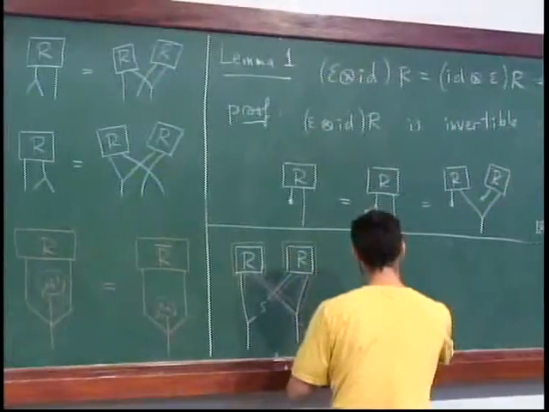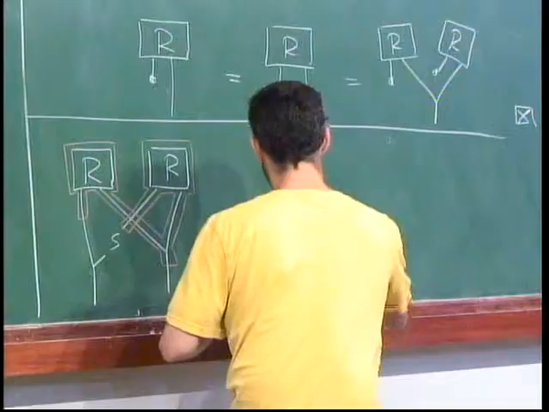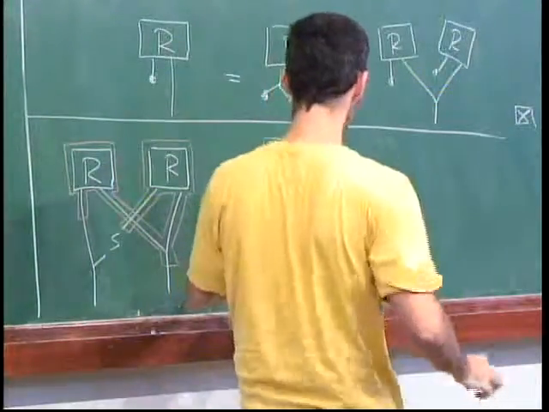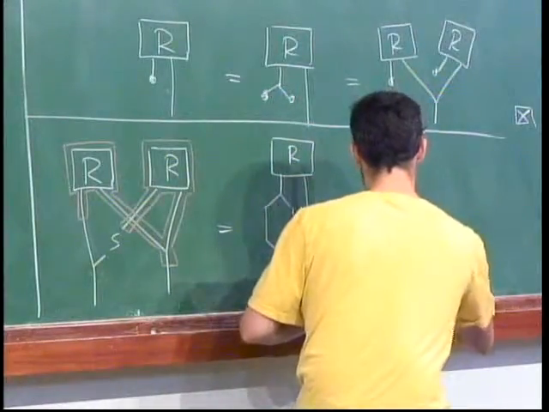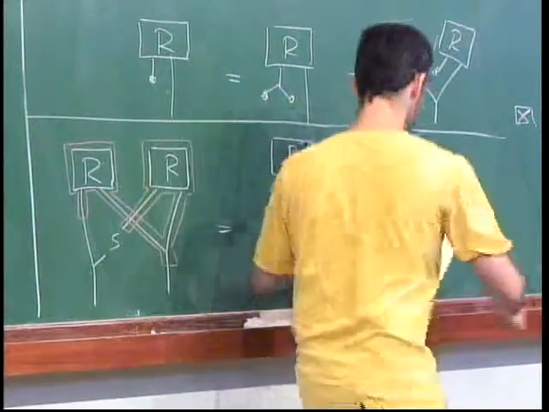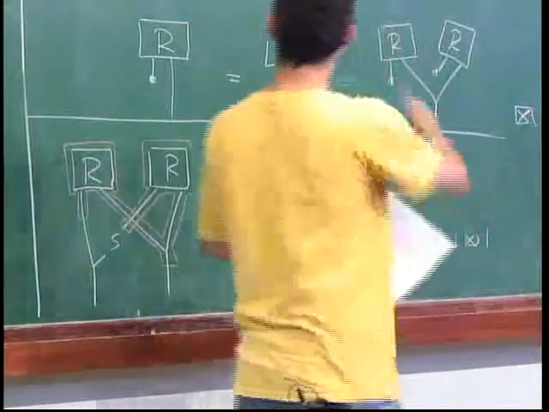You get this by the antipode relation. That's exactly that, and that's 1 tensor 1 by the above lemma.